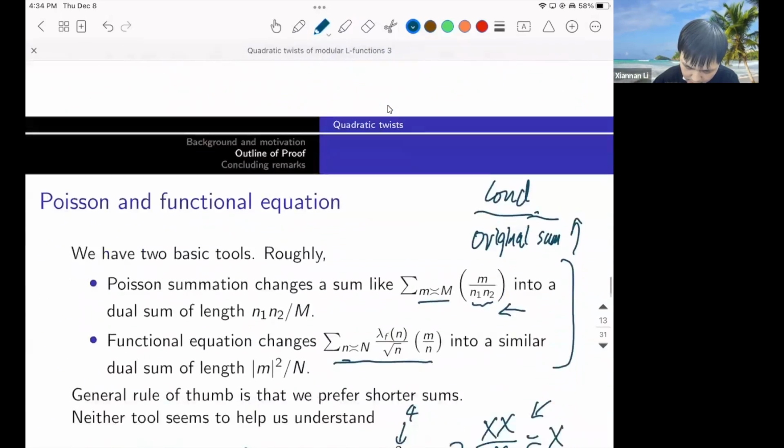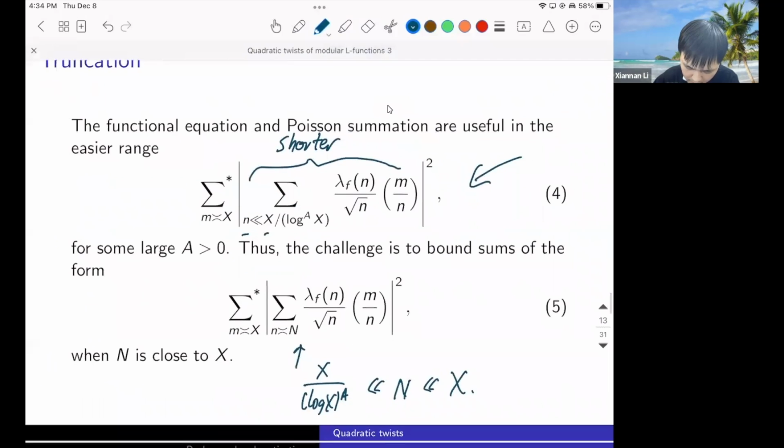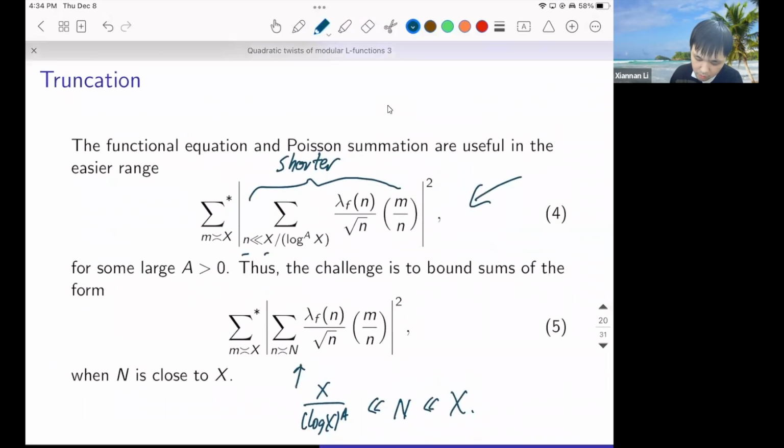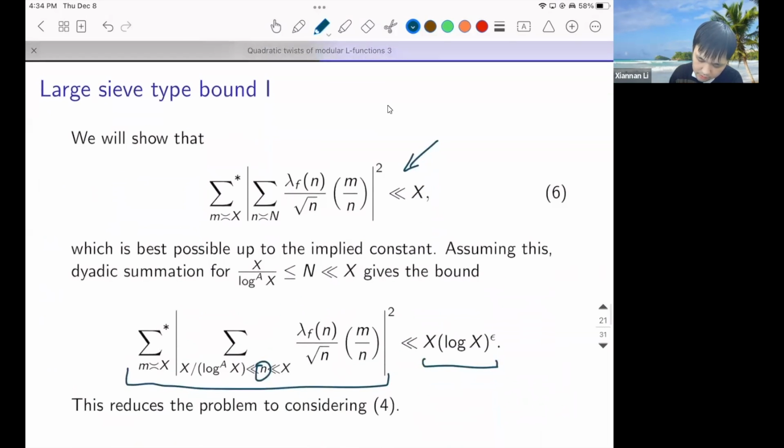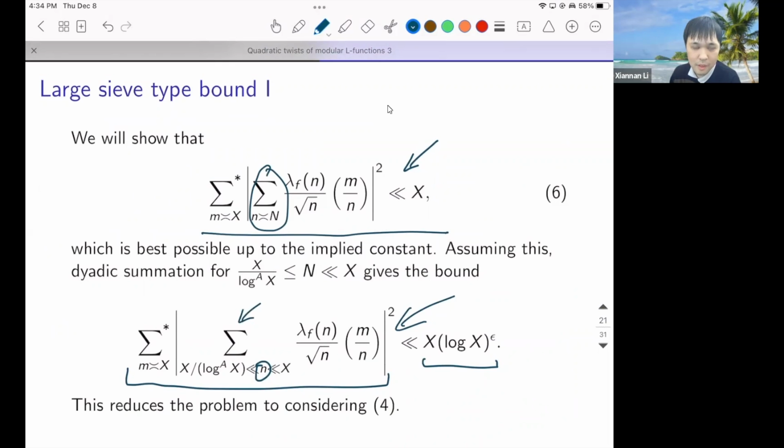This is coming from considering how we found this sum. Okay, so the large sieve sum that doesn't lose anything except for a constant factor. This is when n is over a dyadic interval. But we also need to study this type of sum where n is over an interval of this form, x over a power of log x up to x.